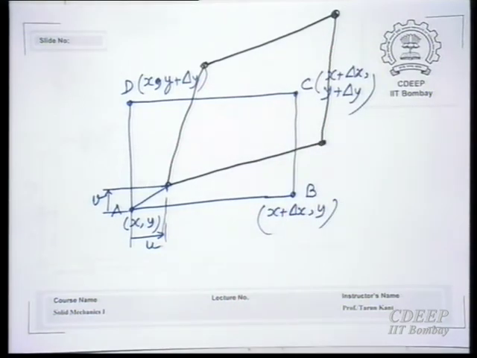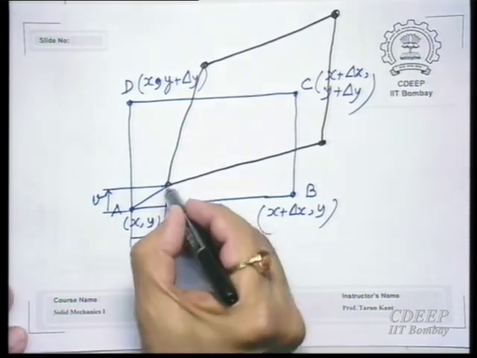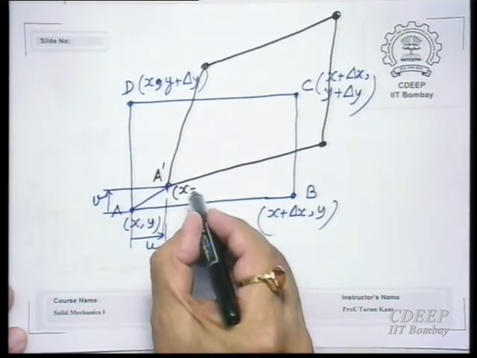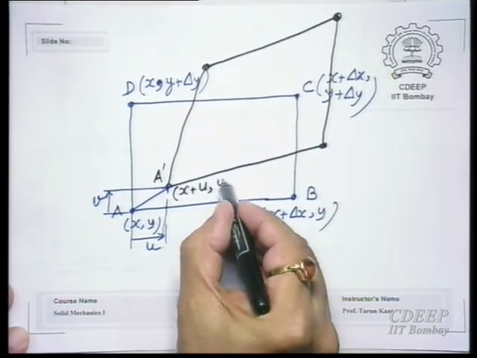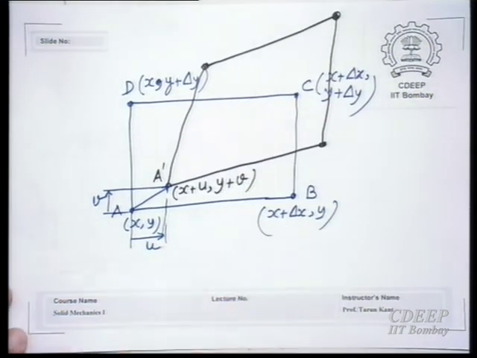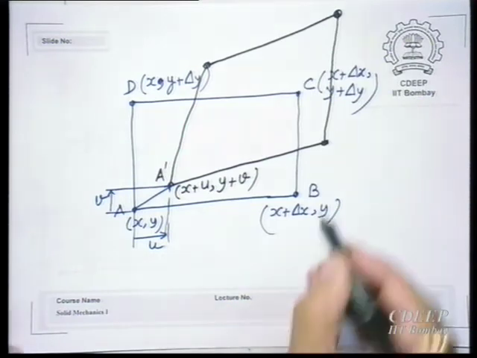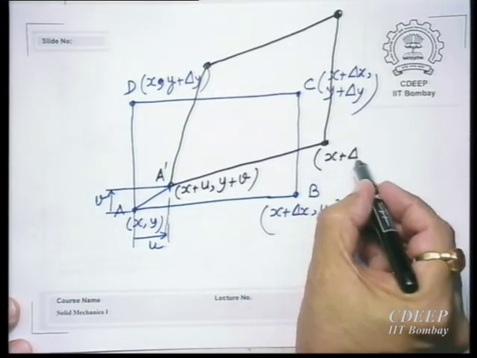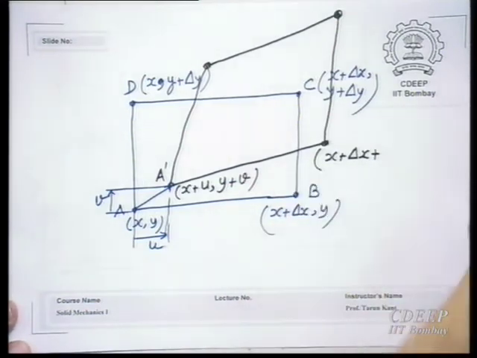I have given you, because this one A dash is x plus u, y plus v. What is this? It is x plus delta x plus what?